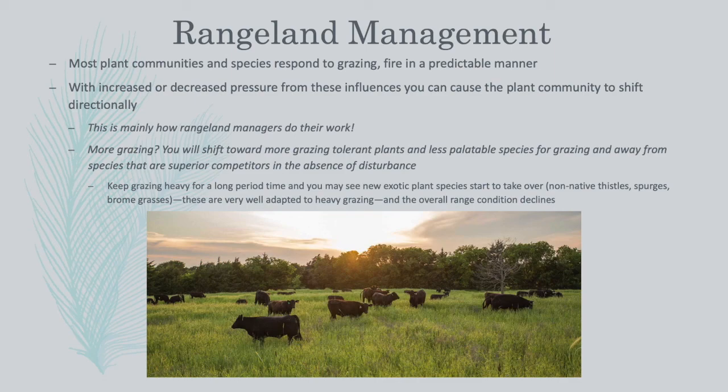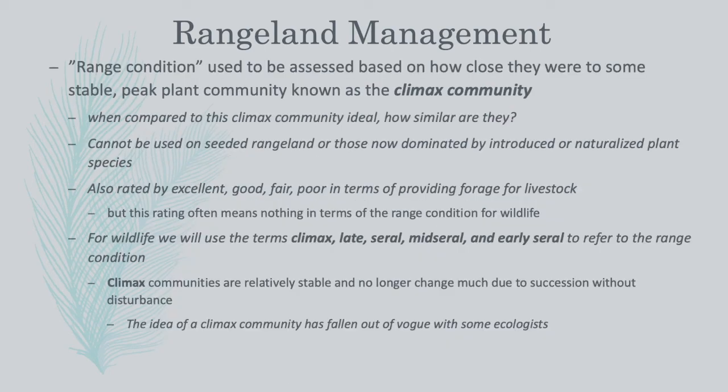Okay, so range condition used to be assessed based on how close that range was to some stable peak plant community. And this was known as the climax community. So we used to compare what was there to the climax community and ask how similar are they.